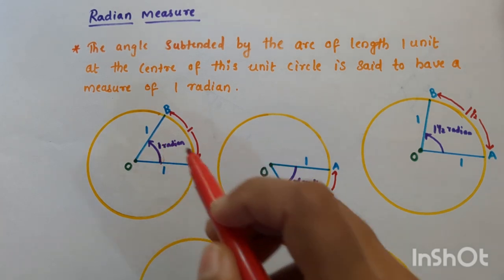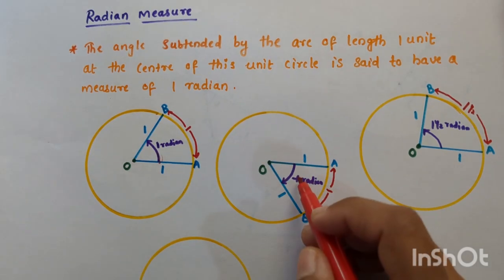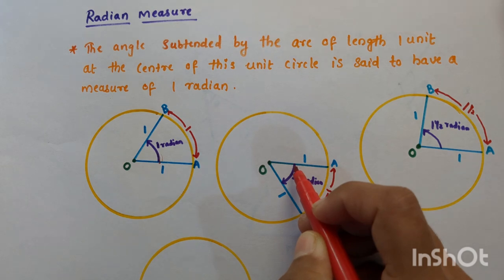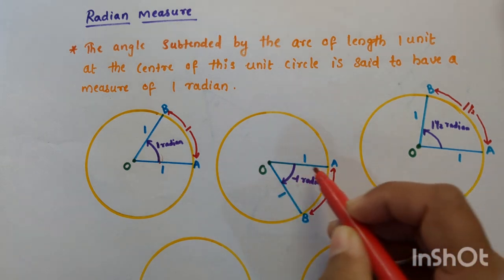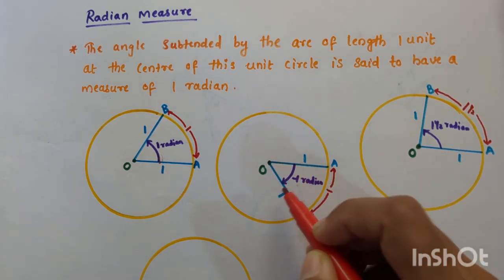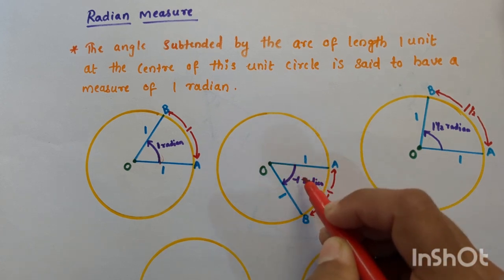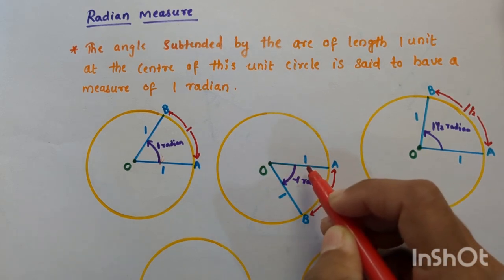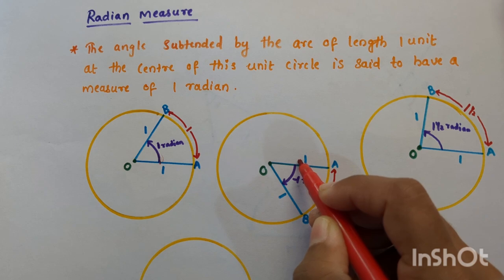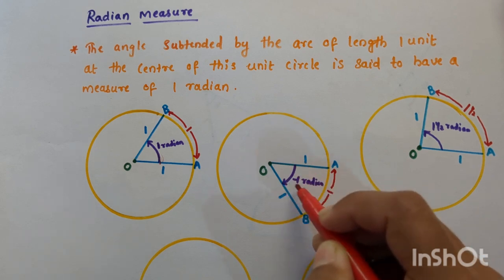Similarly, minus 1 radian will be measured in the clockwise direction. So with a unit circle of radius 1 unit and an arc of length 1 unit, if the initial side is rotated in the clockwise direction, we will get the corresponding angle as minus 1 radian.